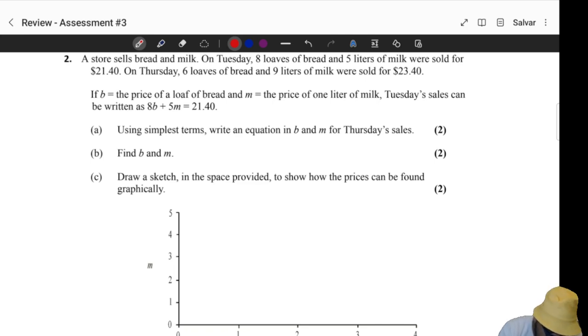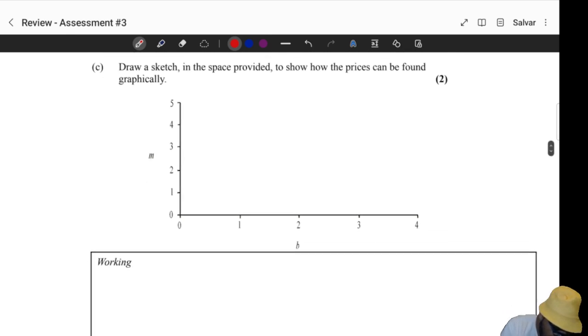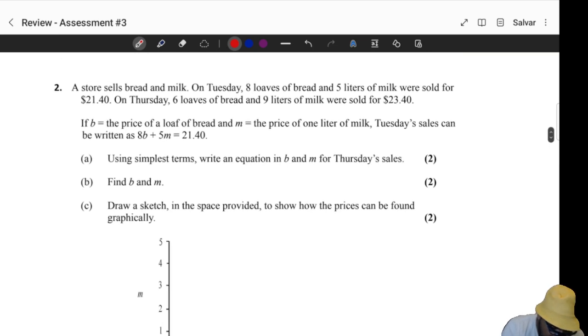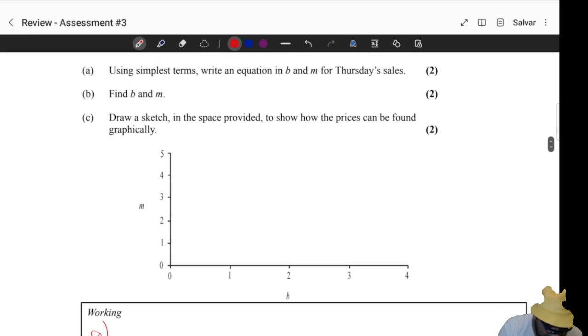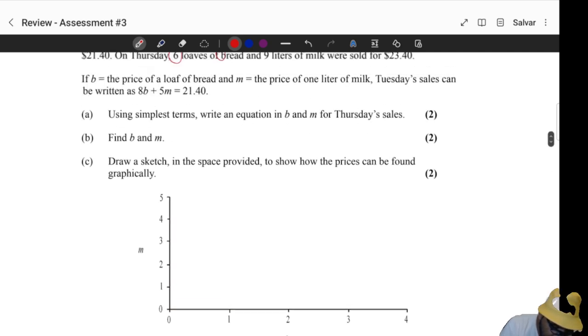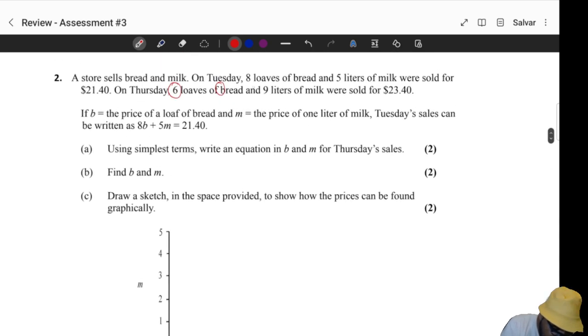What's happening Thursdays here? Let's write here A. We just need to write an equation here. What's happening Thursday? On Thursday, I have 6 loaves of bread. Then give me information is 6B. The word and, as we remember, it means addition. We're connecting stuffs, okay?